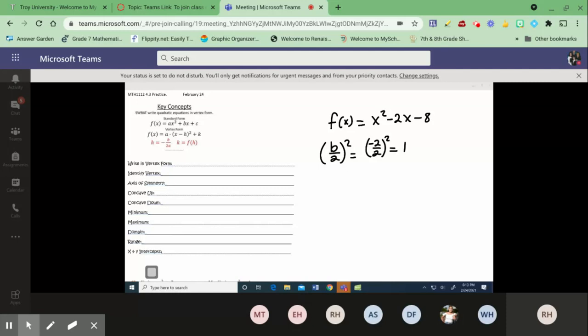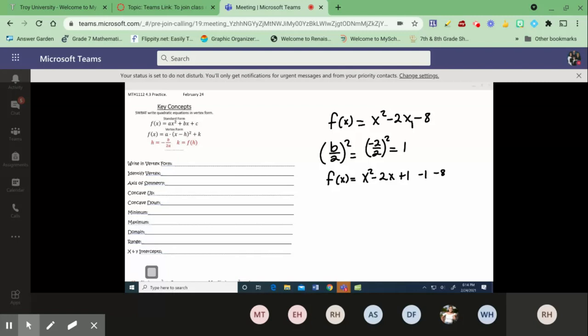So in this equation, about right there, I'm going to insert plus 1 minus 1. So I'm going to say f of x is equal to x squared minus 2x plus 1 minus 1 minus 8.